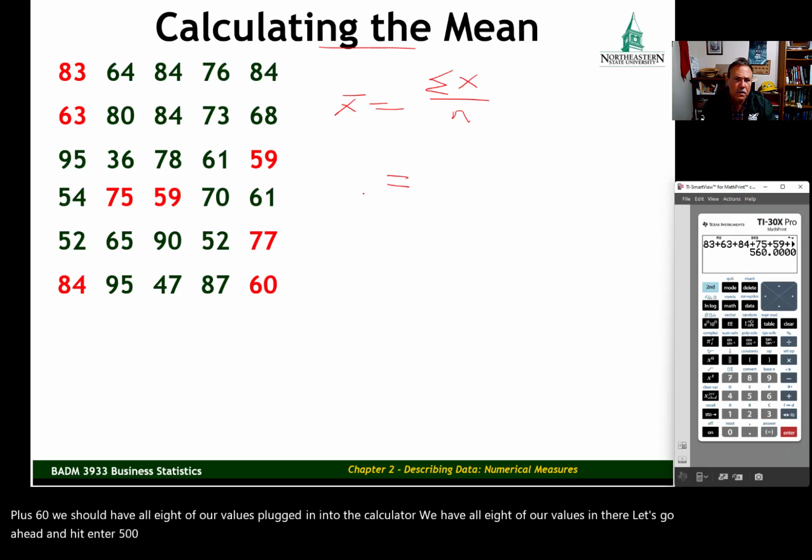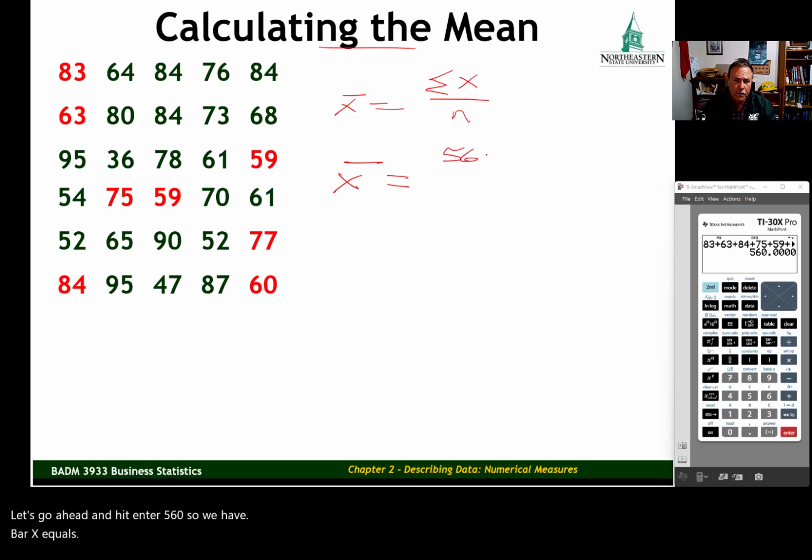560. So we have X bar equals 560, and our sample size is 8. Now we just divide that 560 by 8.